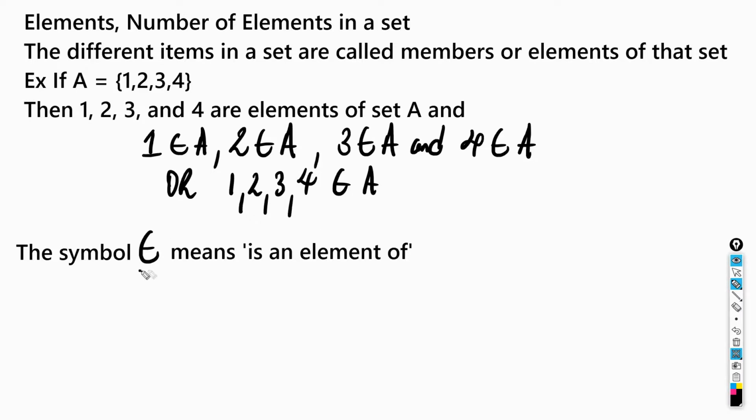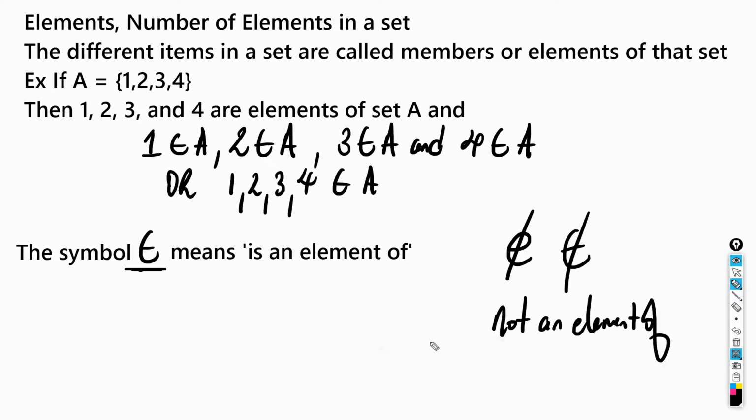The symbol, this funny looking E, means "is an element of." And also, guys, this funny looking E with a cross through it means "not an element of." Let me give you an example.